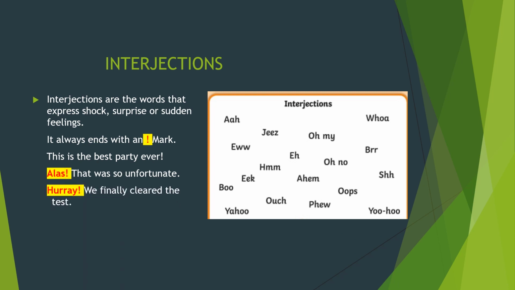Now, hooray, we finally cleared the test! Hooray is your interjection as it ends with an exclamation mark. Alas is an interjection, it ends with an exclamation mark. So in the second example, you can see hooray is actually expressing your happiness, like, how happy are you as you finally cleared your test?